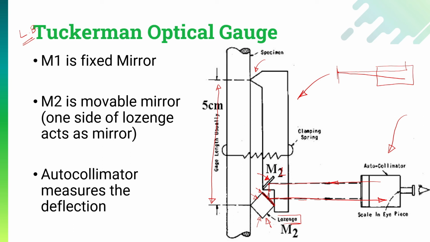If the autocollimator is calibrated, we can read the change in length directly, and if it is not calibrated, it will show us the inclination, and we can convert that inclination into the change in length. This is how the Tuckerman's optical gauge works.